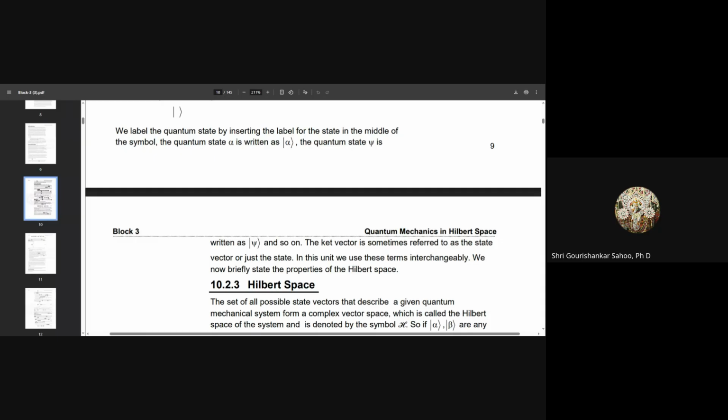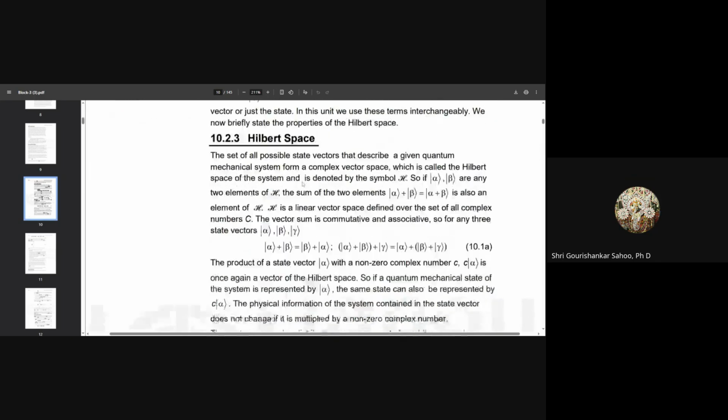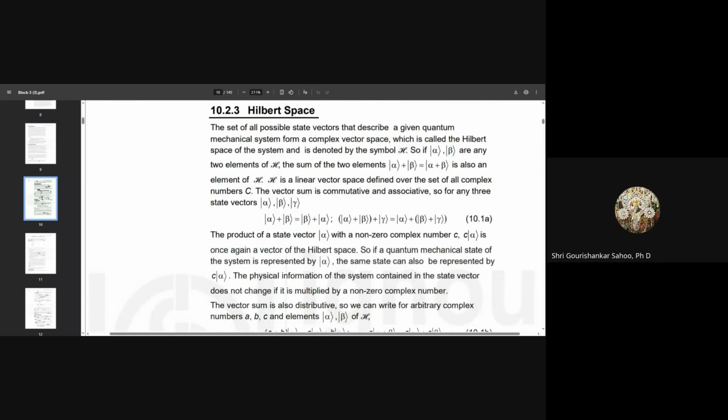After knowing this, let us have some more discussion about the Hilbert space. The set of all possible state vectors that describe a given quantum mechanical system forms a complex vector space, which is called the Hilbert space of the system, and is denoted by the symbol H as shown on the screen.